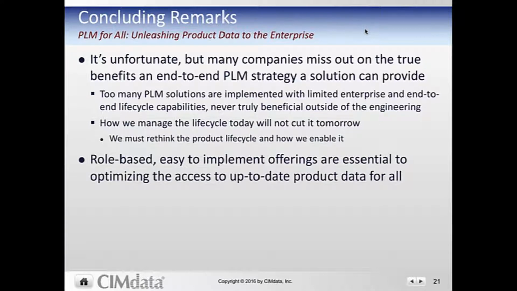And we see the role-based approach as being very valid because it brings the information in the context that the end user needs in order to satisfy their responsibilities within the scope of the lifecycle and produce their deliverables. And it should be easy to implement, right? It should be affordable. It should be sustainable and meet those characteristics that I mentioned a few minutes ago.